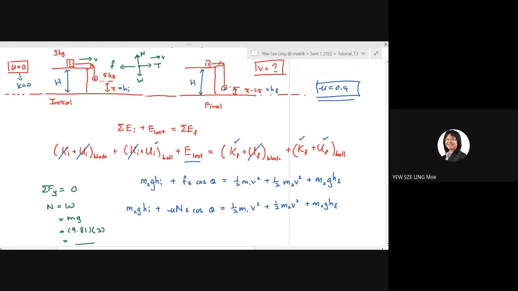So 29.43 newtons. Now that I have N, I'm going to solve this question.